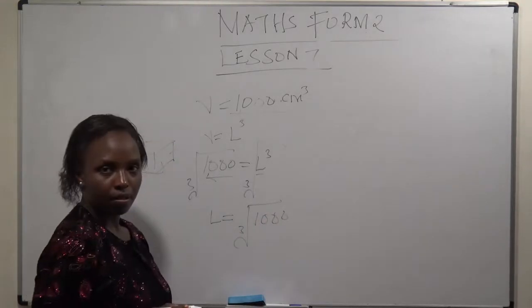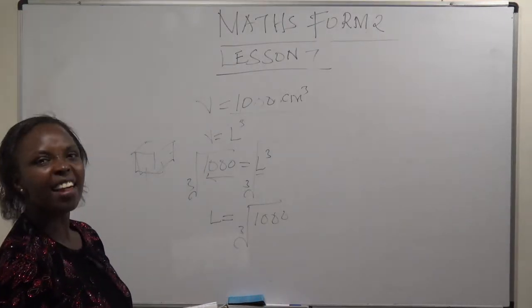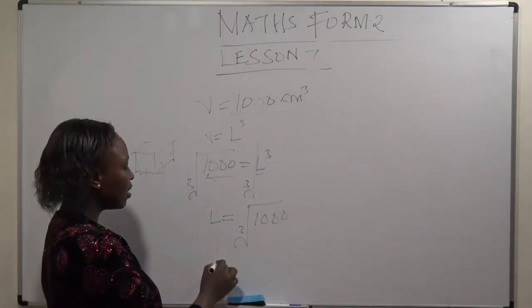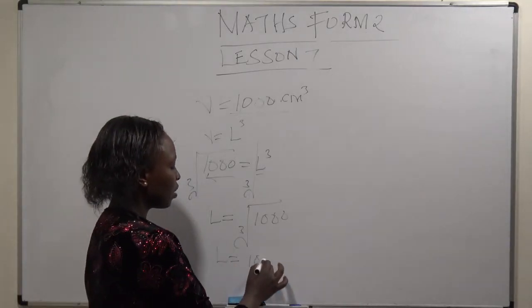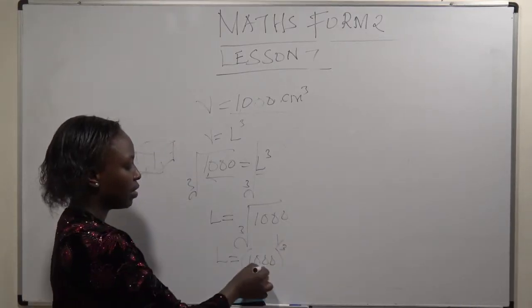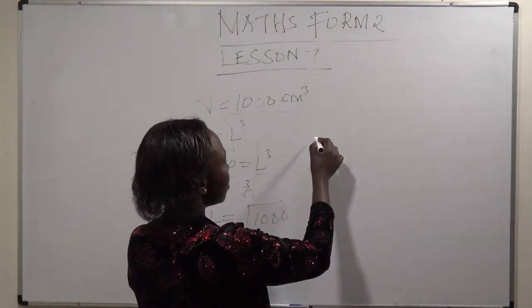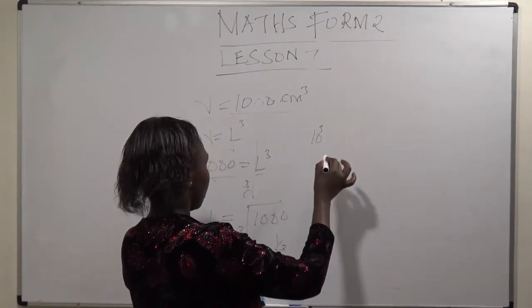I told you that cube root of a number means that number to the power a third. So our range is equal to 1,000 to the power a third. We write this one in its factors. So 1,000, as you know, is 10 cubed.